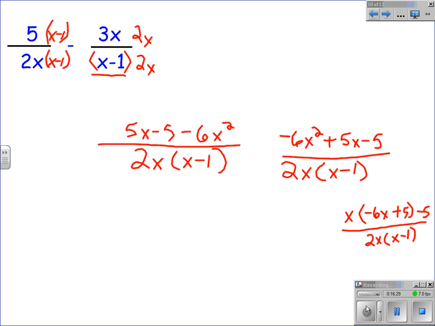I can't cancel that because this is multiplied by this minus 5. The minus 5 is still connected here. I cannot cancel this x with the 2x down, or with the x in the denominator, because these are just being multiplied together. This is multiplied with subtraction. This is an expression up here you can't break up. If I take an x out of here, I have to be able to take an x out of that negative 5 as well. Oh, and I can't, yes.